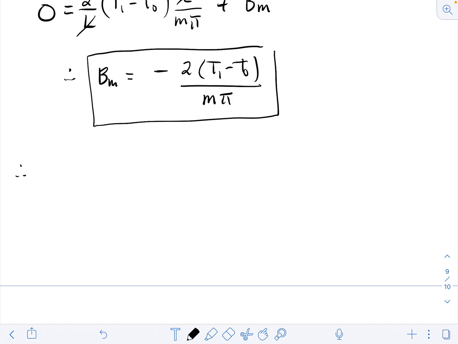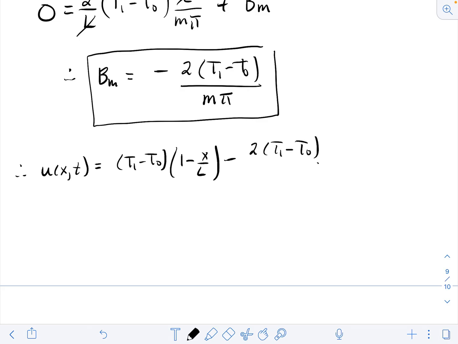And what we get is u as a function of x and t is equal to t1 minus t0 times 1 minus x over L, minus, and I'll pull out the coefficient that we just calculated, everything except the n, because that has to stay inside the sum.